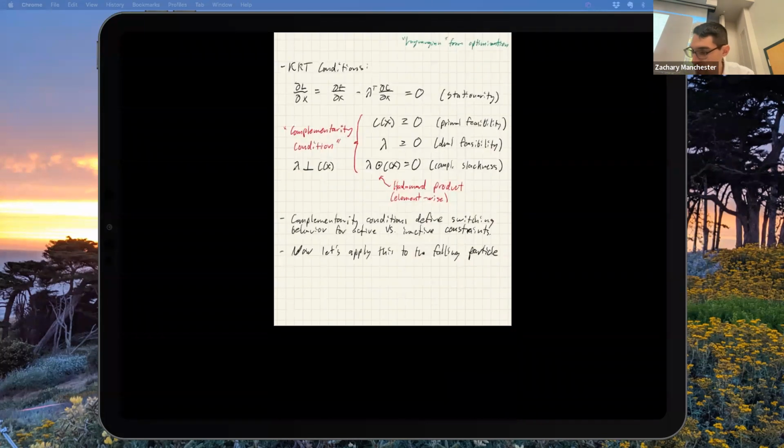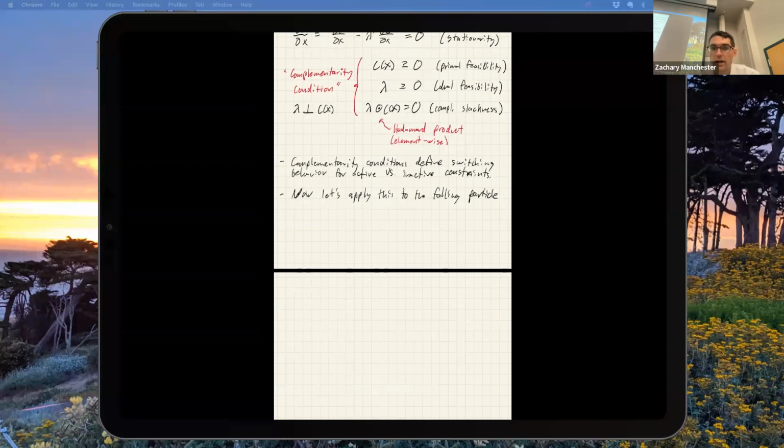Okay, so the first thing we need when we start doing this is a signed distance function, which is just the height above the ground, and it goes negative when you are in penetration, when the thing's under the ground. In general, this would return closest points between two objects and their distance.